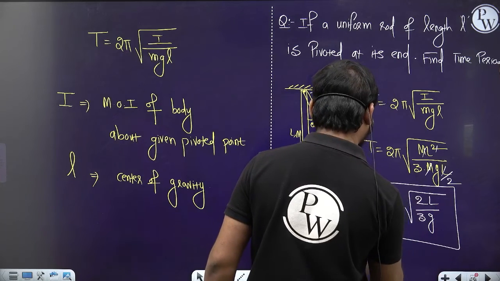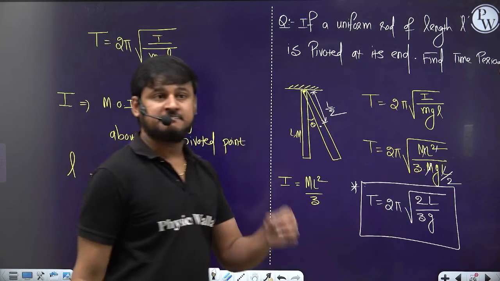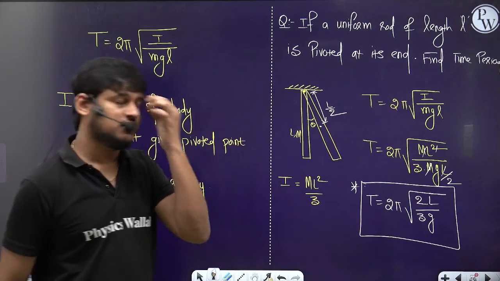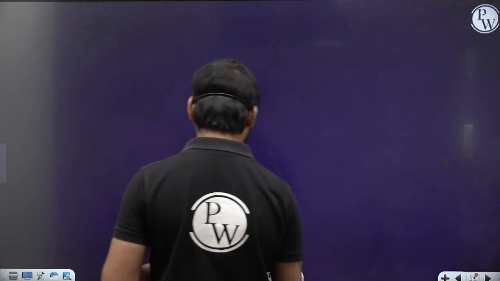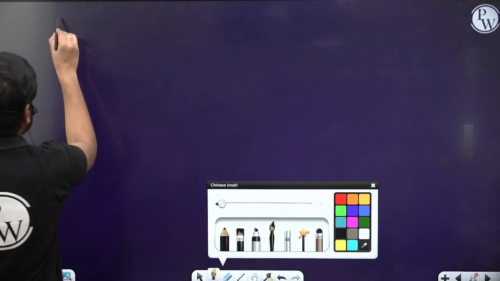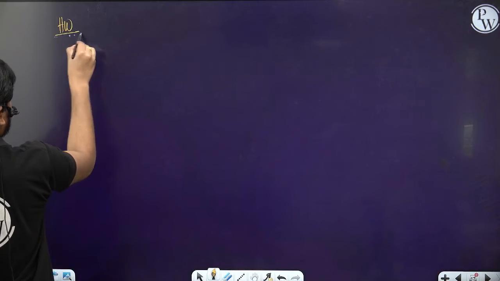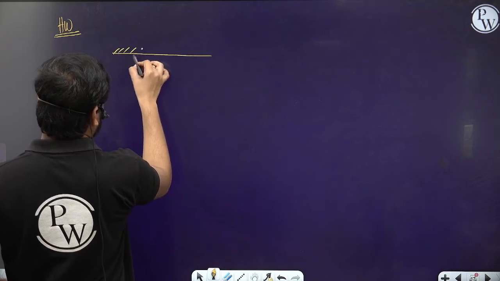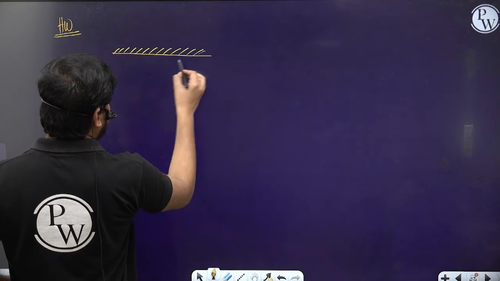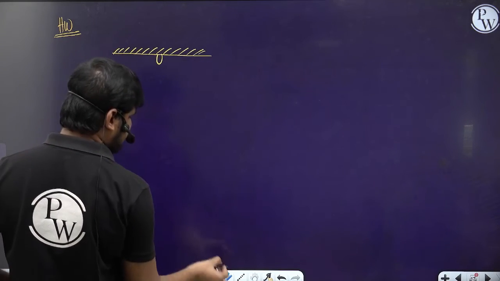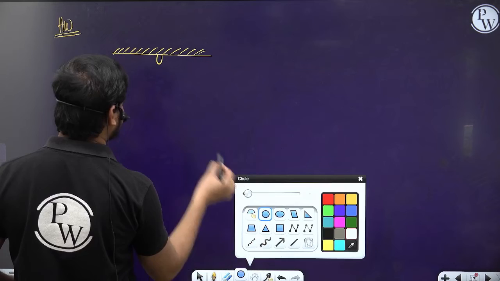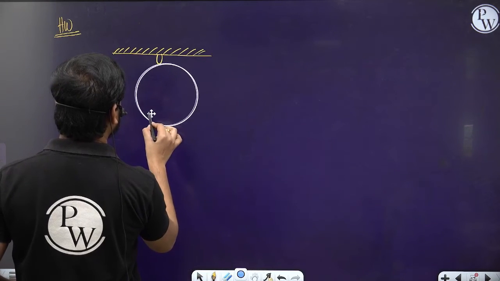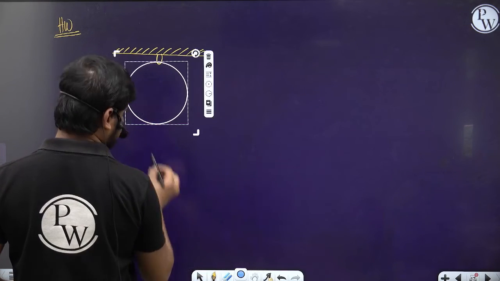This is the concept. Understood, everyone? Got it? So I'll give one question for homework. Let's say this is a fixed end, and from this point a circular ring is placed like this.